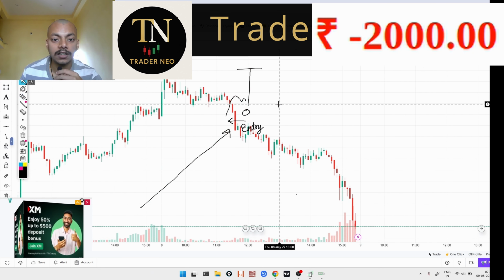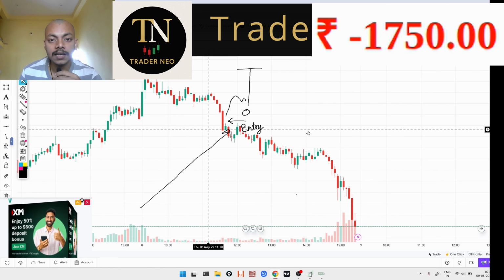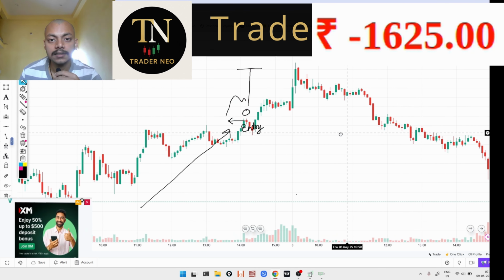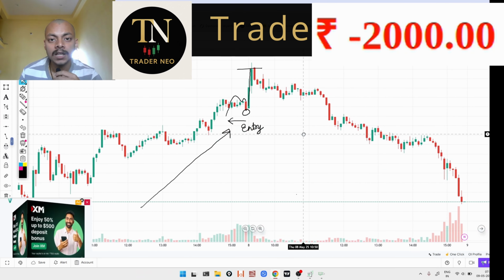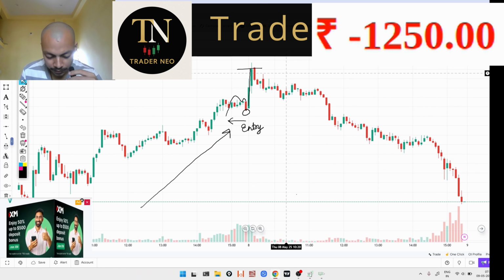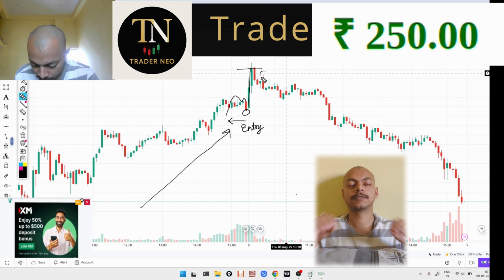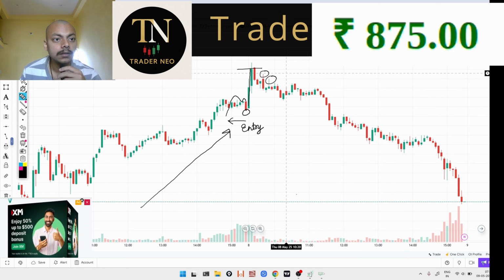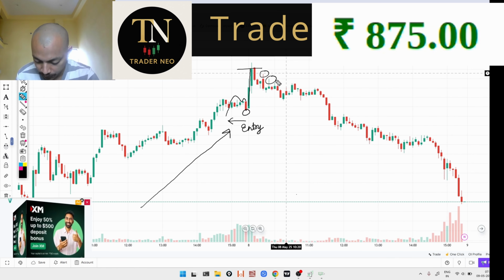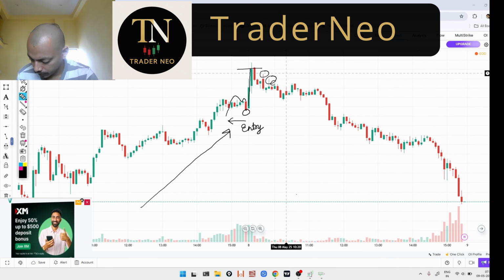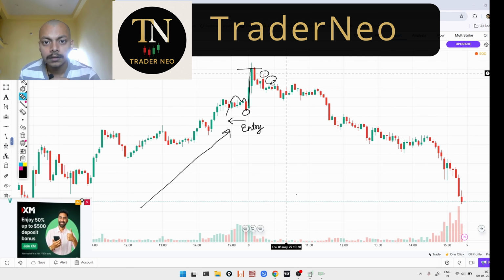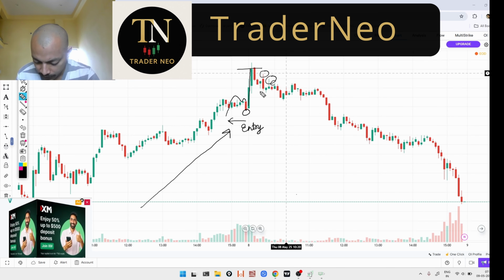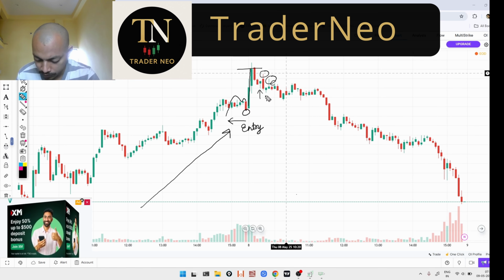Let me zoom in on the chart for you. As I was analyzing it, in each candle I saw an upper wick was forming, and comparatively the lower wick was shorter.